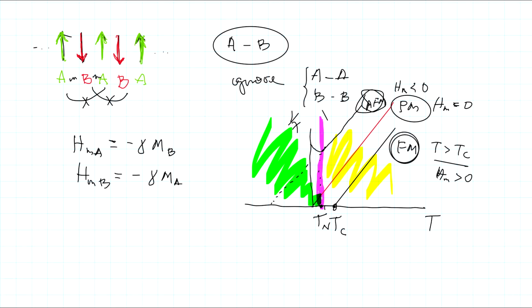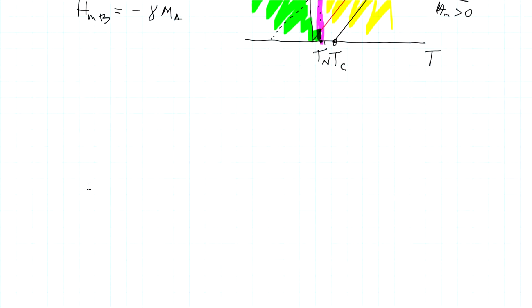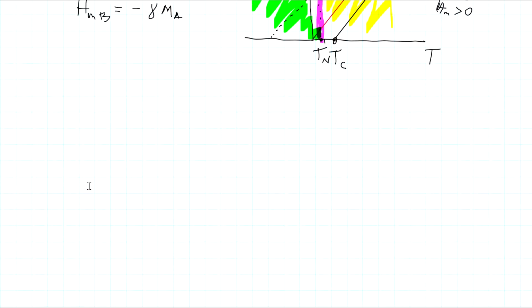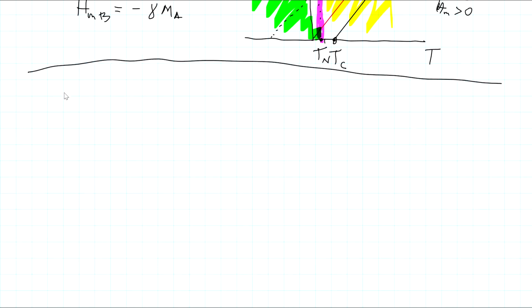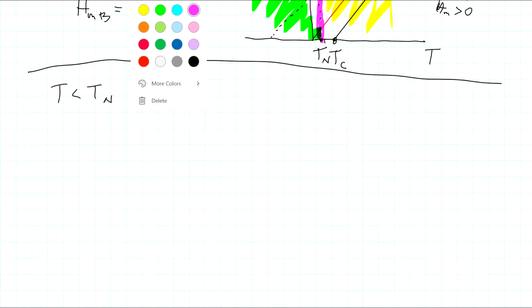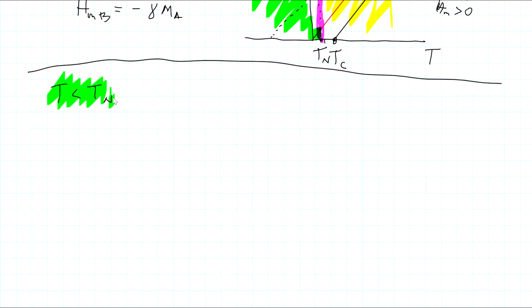Case number 1 would be low temperature, so T is less than T_N. We are below Néel temperature.